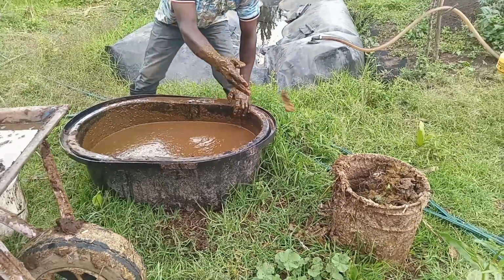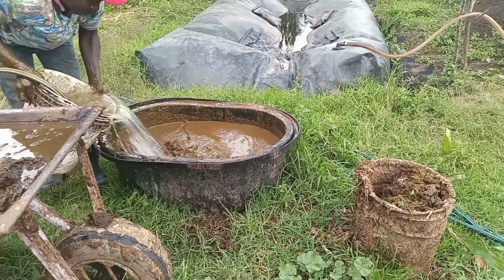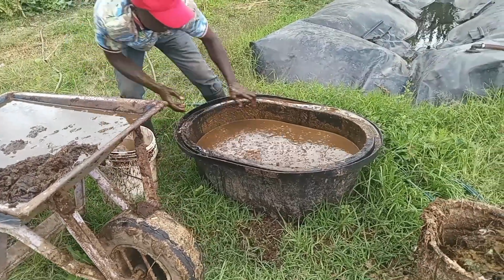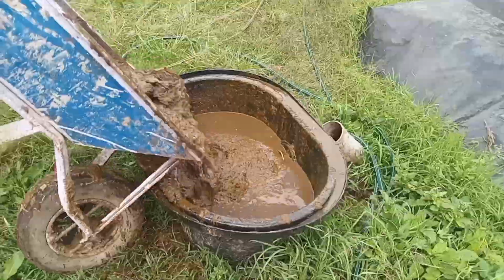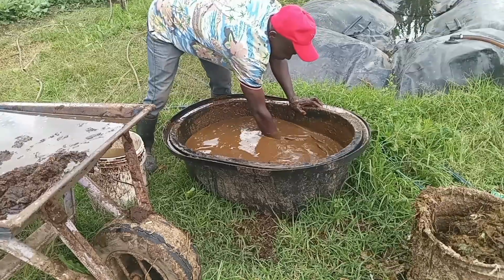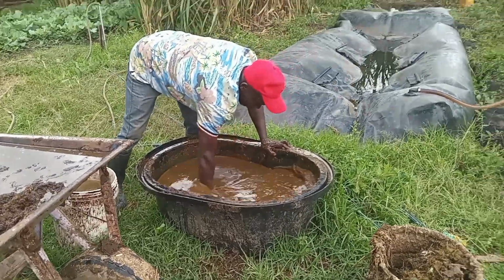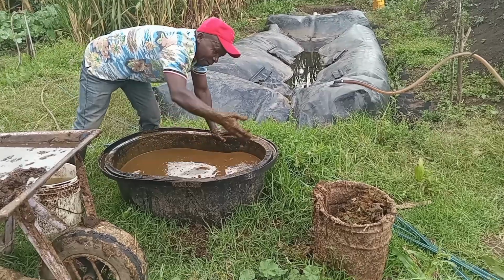In our case, we are going to use the cow dung, which we are going to mix here in this tank, called the mixing tank. We mix the cow dung and filter it so that no unrequired materials can enter into the digester.